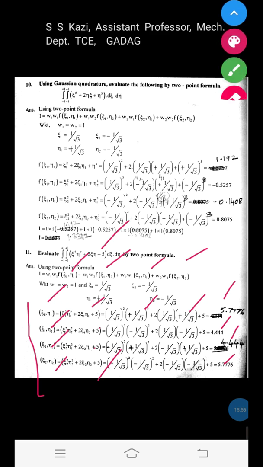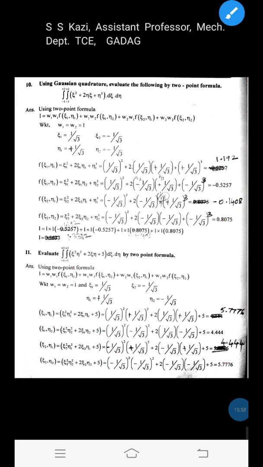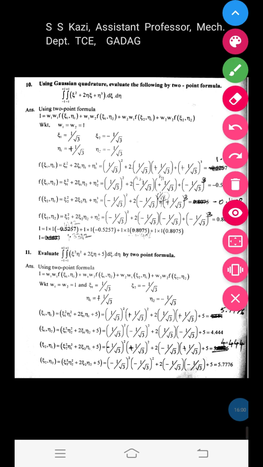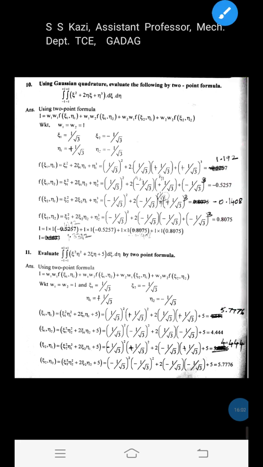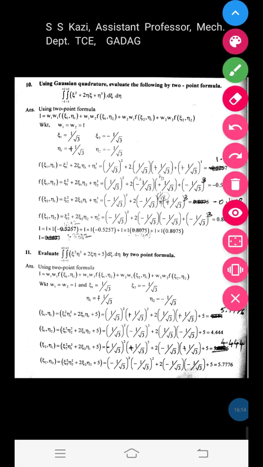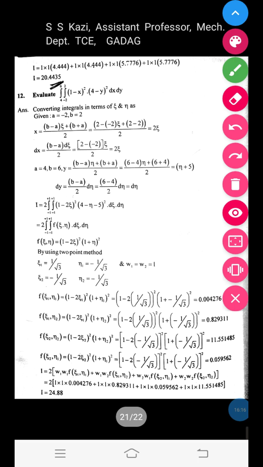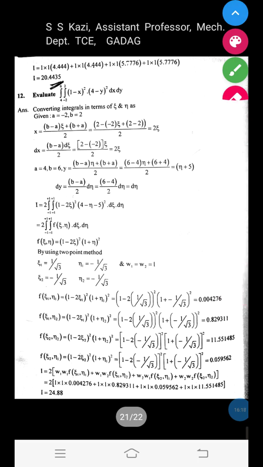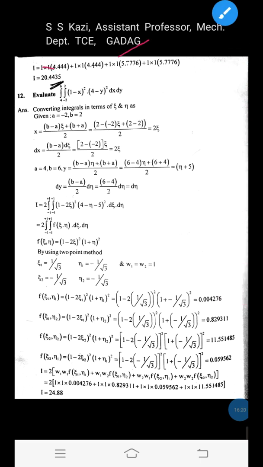Once you substitute f of zeta 1 eta 1, f of zeta 1 eta 2, f of zeta 2 eta 1, f of zeta 2 eta 2, and the w1 and w2 values into this formula, we will get I is equal to 20.4435.